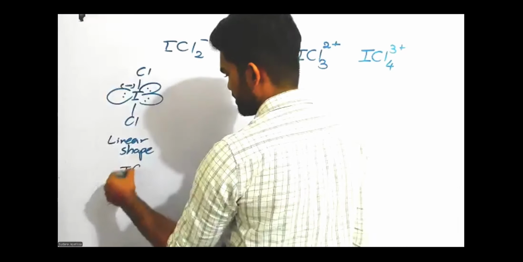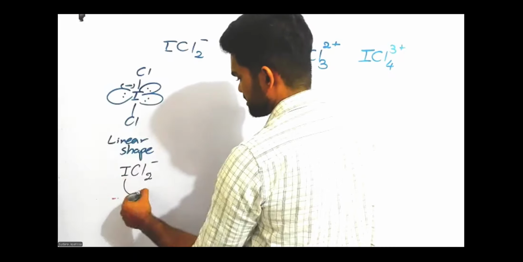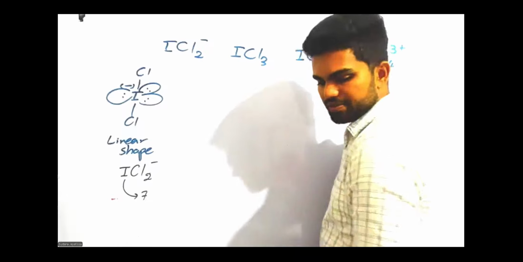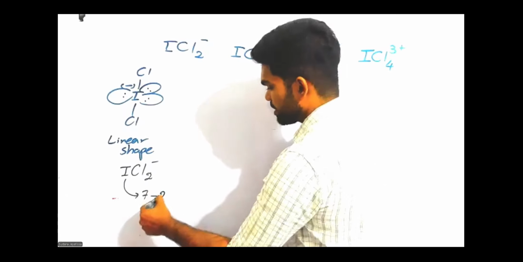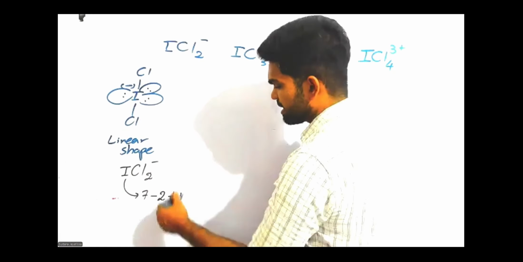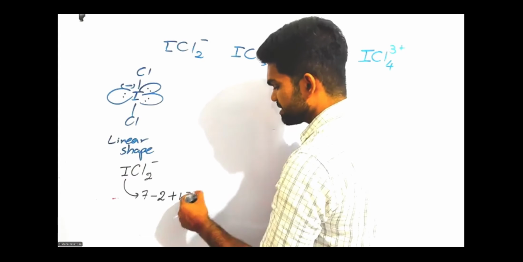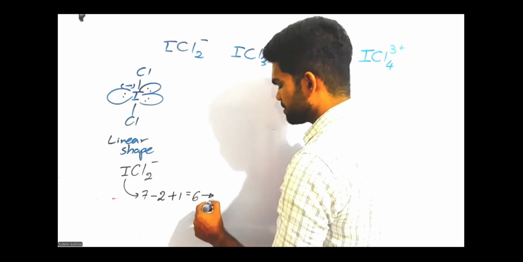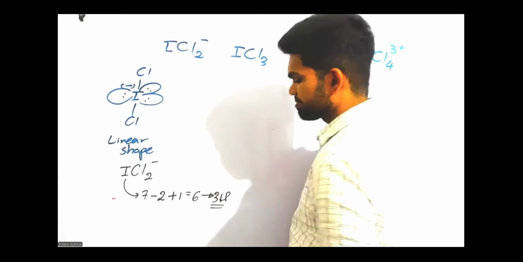I'll explain a little bit more about the structure. If it is ICl2 minus, think about the valence electrons of iodine. There are 7 electrons. Only 2 are going to make bonds with chlorine. And there will be 1 electron coming from the negative charge. So the result is 6 electrons. If you put it into lone pairs, that means 3 lone pairs.